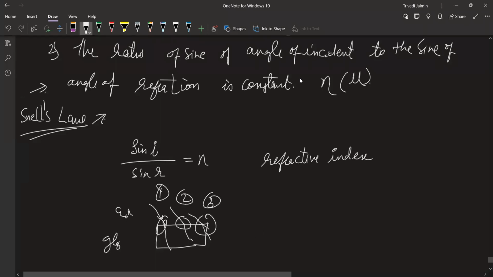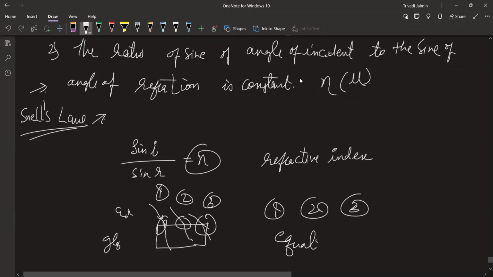At 3. All these ratios 1, 2, and 3 will be equal because we are using the same medium. Whatever angle it enters and whatever angle it exits, if we divide, that ratio will be the same.